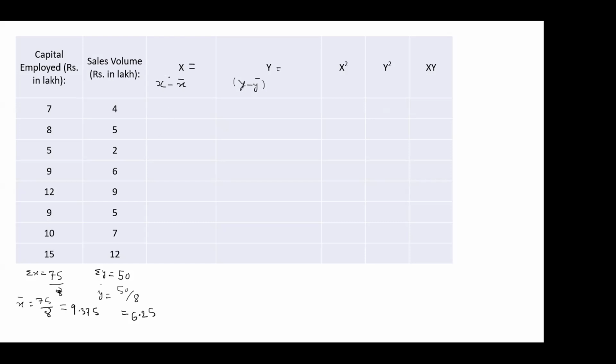So we got both the things: x bar is 9.375 and y bar is 6.25. Now from this we are going to subtract and write all the values.